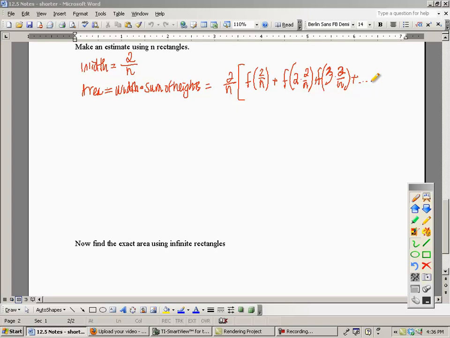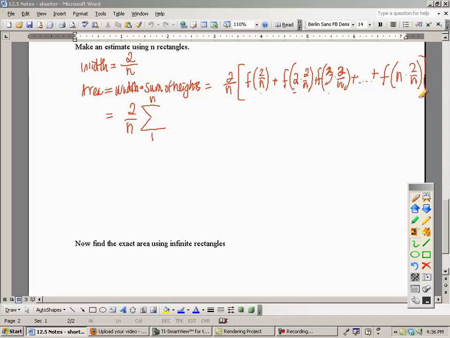And so here's what's going to happen, and this is where you've got to kind of stick with me for a little bit as we follow this through. We're going to take the width, and instead of saying let's add all of these up, we're going to use our summation notation from 1 to n, because we're going up all the way until we get to n increments of this 2 over n.